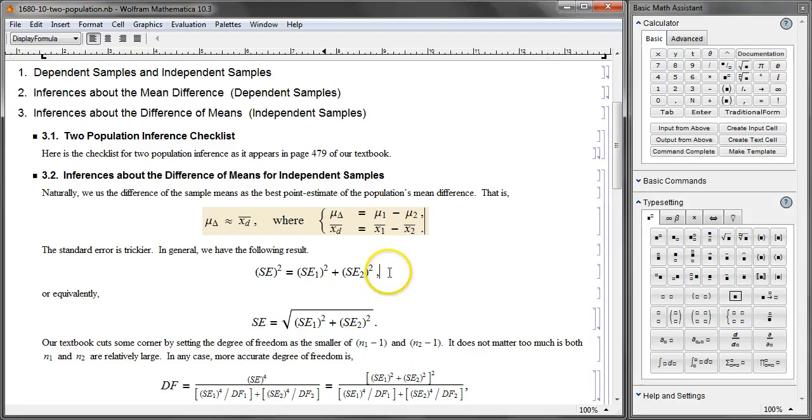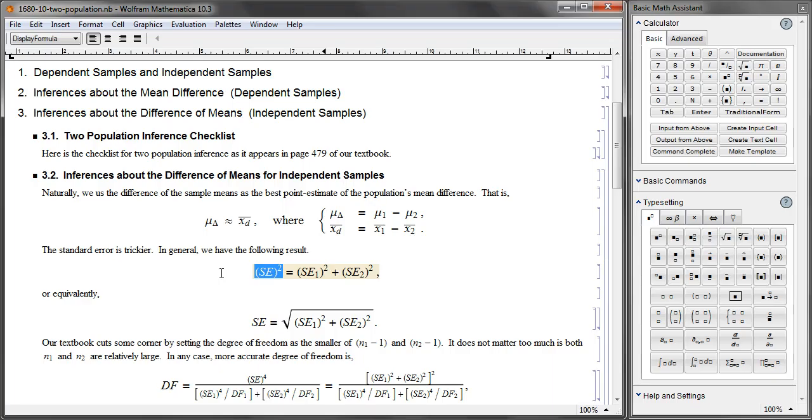Now, a little bit trickier part is the standard error part. It turns out that they follow the following identity, which kind of resembles the Pythagorean identity. SE squared is equal to SE1 squared plus SE2 squared. As a matter of fact, this one kind of looks like hypotenuse squared.